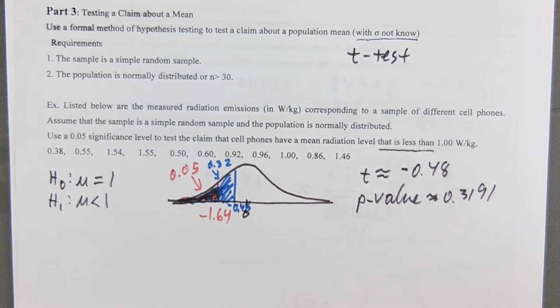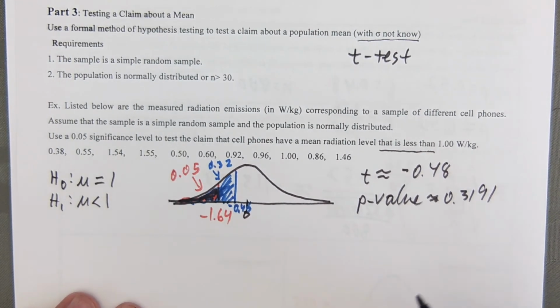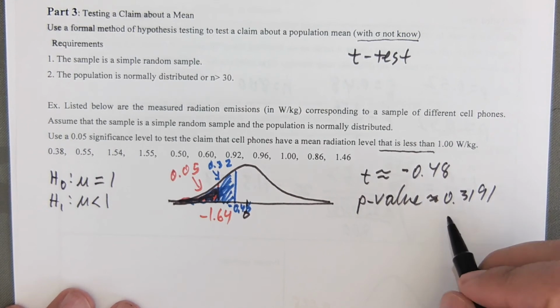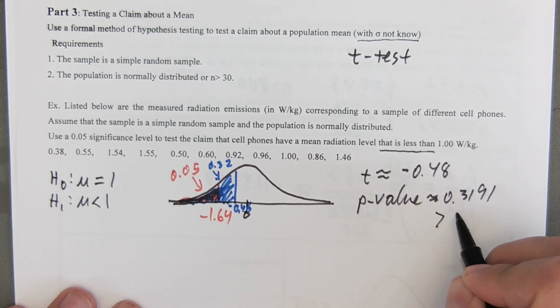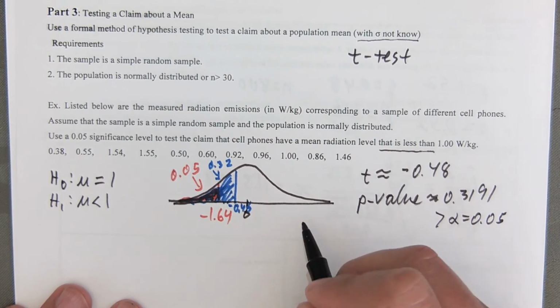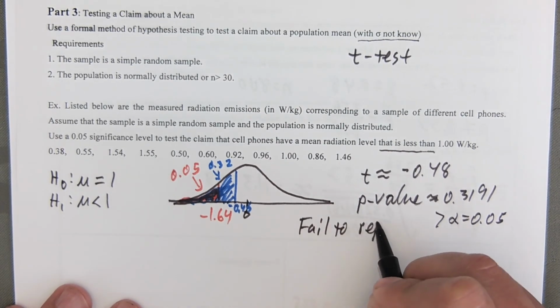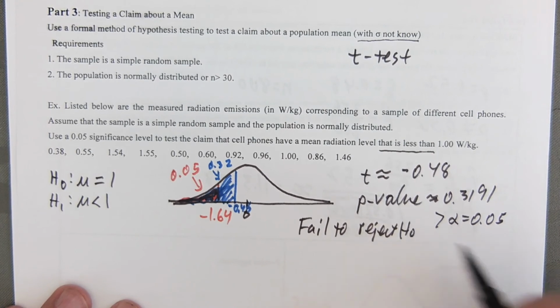I will be using the TI for the rest of these since most people have a TI. But the cool thing about this is it's very clear to see that we're not going to reject the null hypothesis. You can see that the p value is significantly larger than our alpha, which is 0.05. So we are going to fail to reject our null hypothesis.